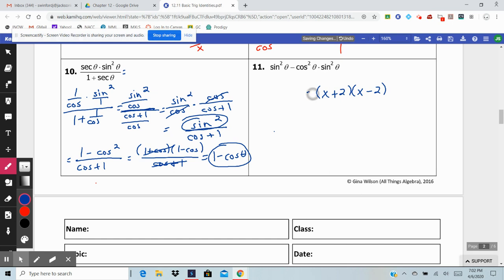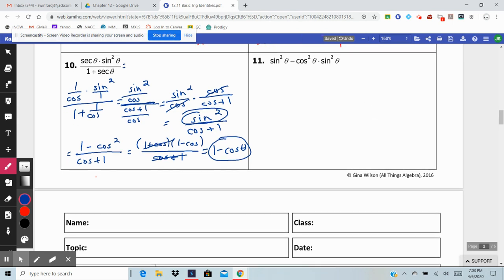And a strategy that I always look for is that I have two terms, and both of those terms have sine squareds in them. So sometimes you want to start these problems out by factoring. I would like to factor a sine squared out of these two, and I'm left with a 1, because sine squared times 1 is sine squared, minus sine squared times what gives you this term, which would be cosine squared.